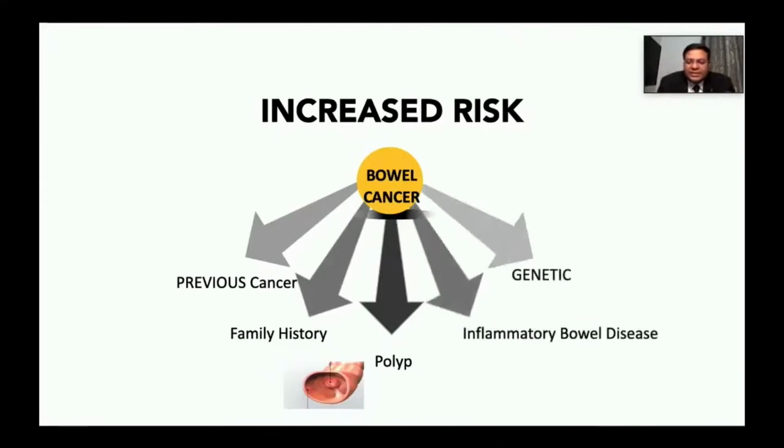Next is inflammatory bowel disease like ulcerative colitis and Crohn's disease, which again, if present in the long run, increase the risk of cancer. So that is the importance of regular checkup and screening. And next is genetic susceptibility, like the presence of a familial adenomatous polyposis gene or APC gene or HNPCC gene.